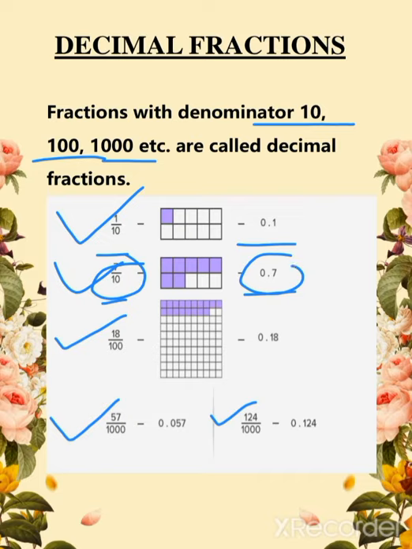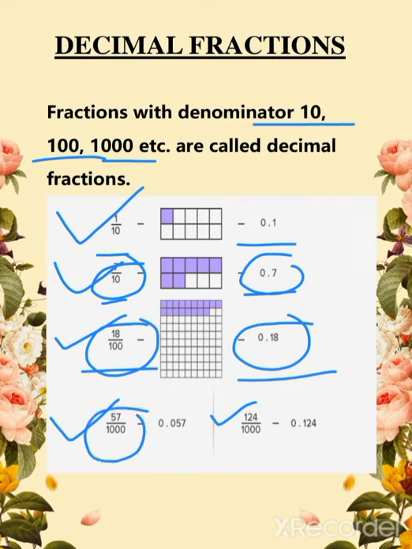In the next number, 18 by 100, our decimal number will be 0.18, because in 100 there are two zeros, so we will place our decimal before two digits. Similarly, 57 by 1000 can be written as 0.057 in decimal. Why? Because in 1000 there are three zeros, so we have to place the decimal before three digits.